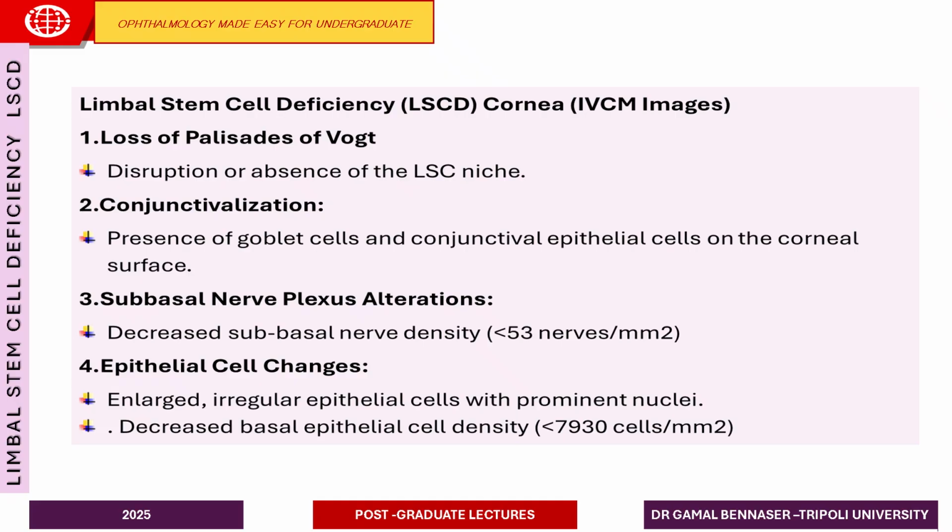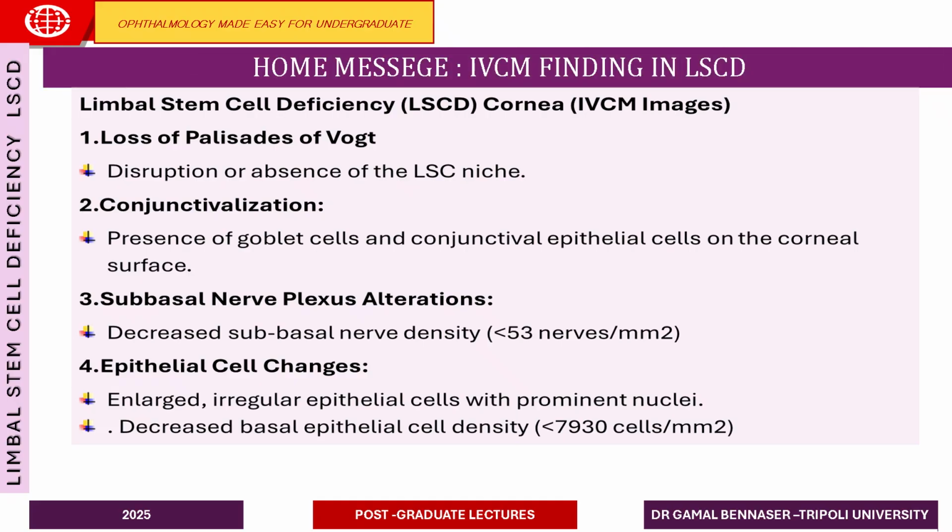After this discussion, we come to the important take-home message that you should memorize and keep in your mind as a postgraduate candidate who might be facing such a discussion with the examiner in the oral exam or in the clinical exam regarding the findings that you are looking for using in vivo confocal microscopy. You should comment on the loss of palisades of Vogt and also the presence or absence of conjunctivalization of the cornea, because of the high resolution of this technique that enables assessment of the cornea at the cellular level.